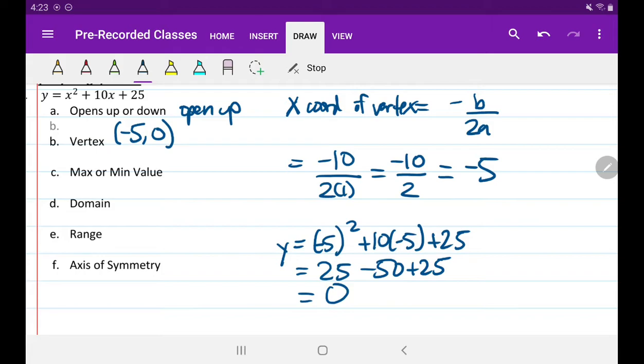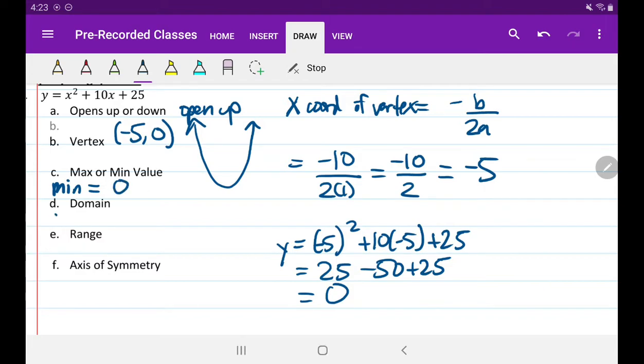Now the max or min value, well, does it open up or down? So remember we said if the parabola opens up, it looks like that. So it's going to have a min value, and that min value is the same as the y of our vertex, which is going to be 0.